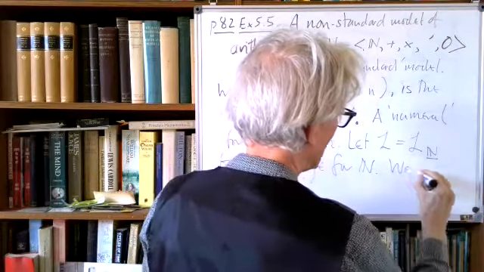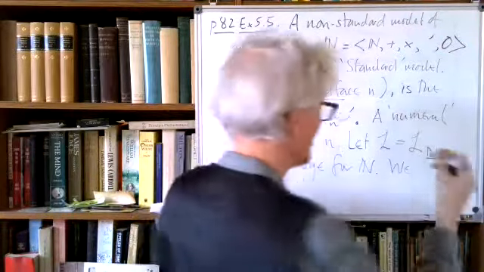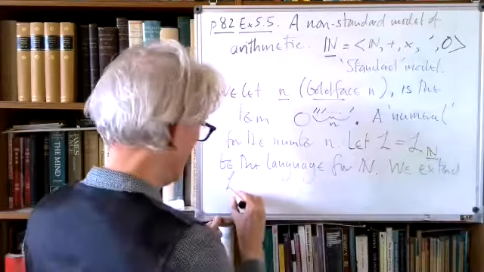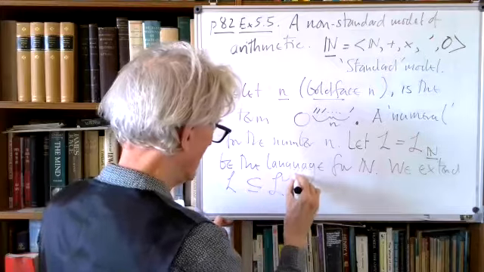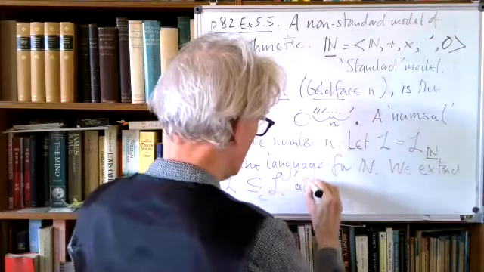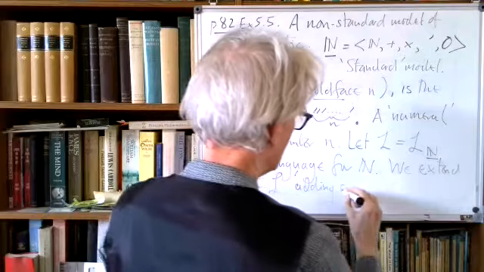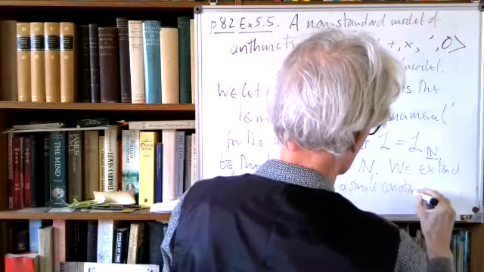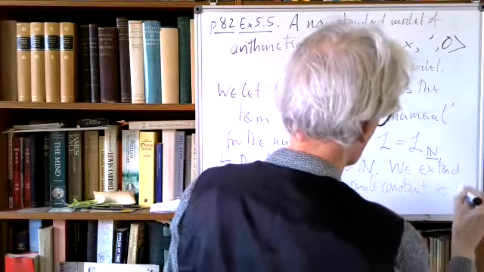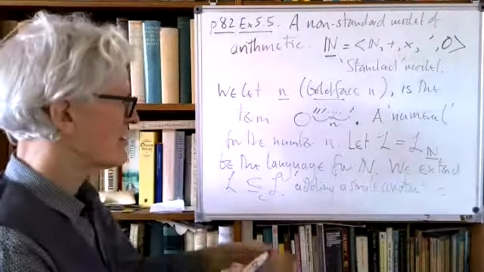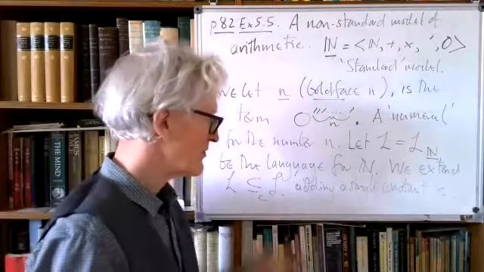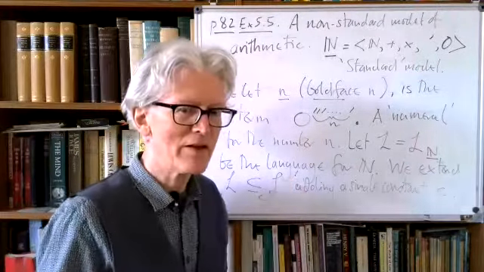So we extend it by constants, in fact, just one constant, adding a single constant c. So this constant symbol has been added, and we make the language just a little bit bigger.